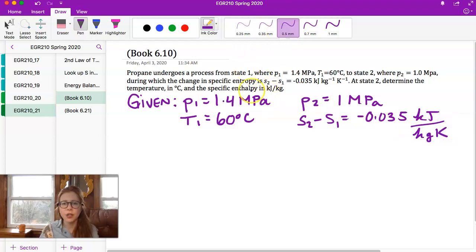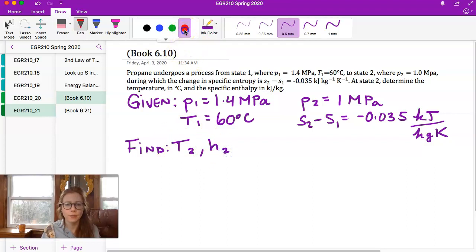At state 2, we need to determine the temperature in degrees Celsius and the specific enthalpy in kilojoules per kilogram. So we're tasked with finding T2 and H2. Okay, so let's go through this.